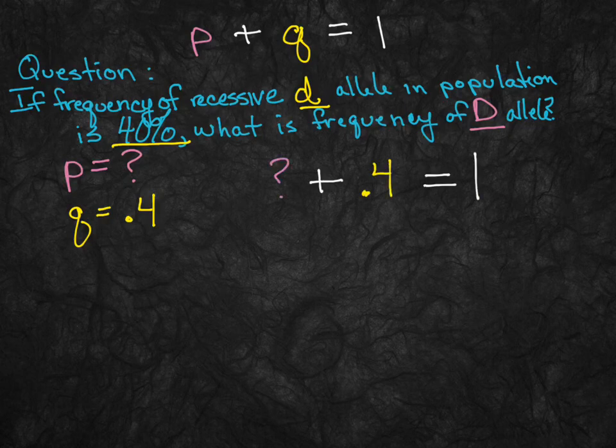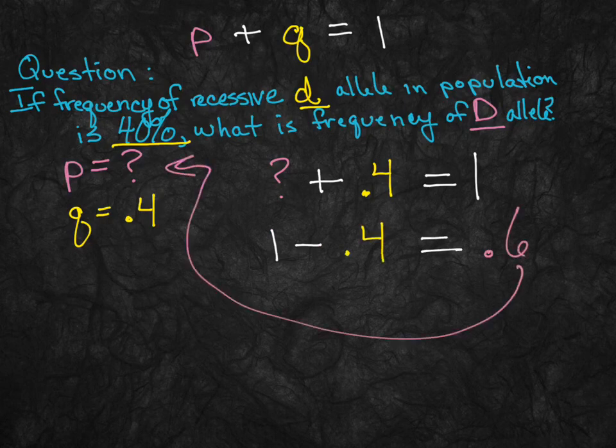And now we punch it into our allele frequency equation, right? We don't know P, but we do know Q, and we know P plus Q equals 1. So 1 minus 0.4 equals 0.6, so P must be 0.6. So we've solved for both of our allele frequencies.